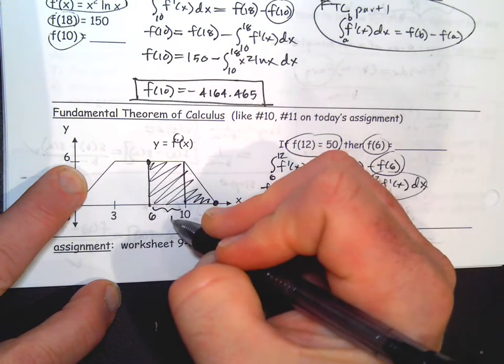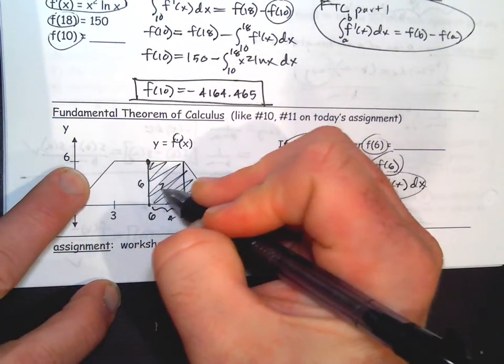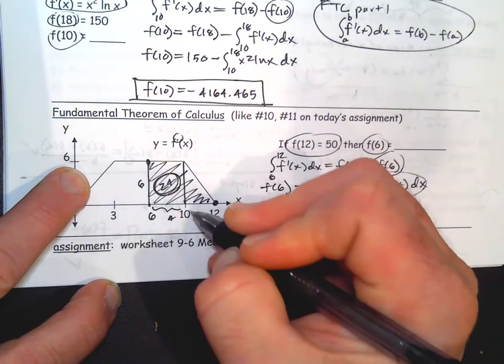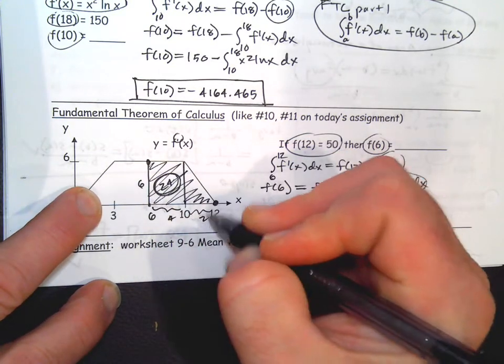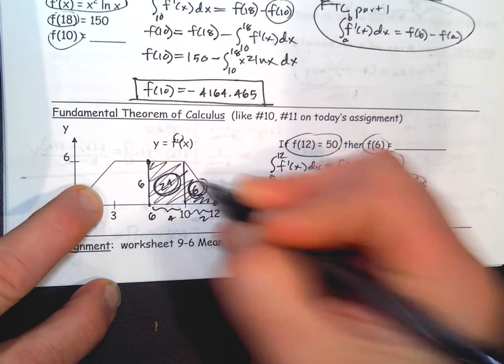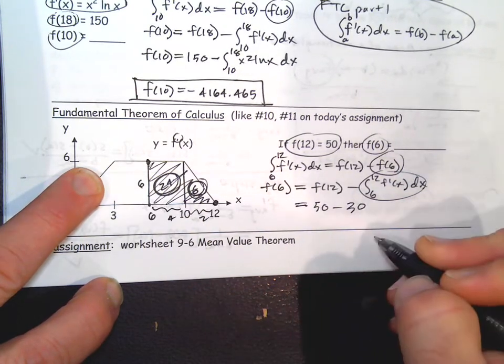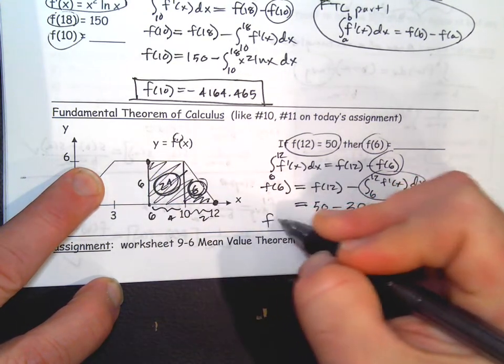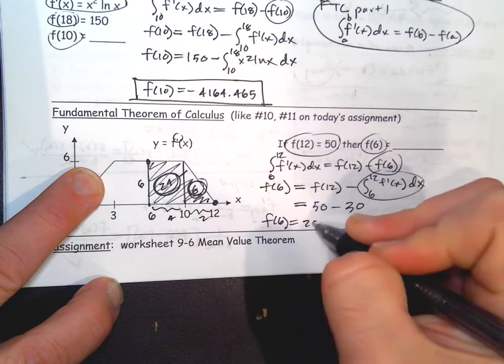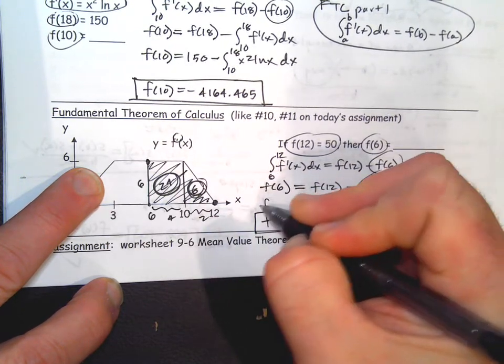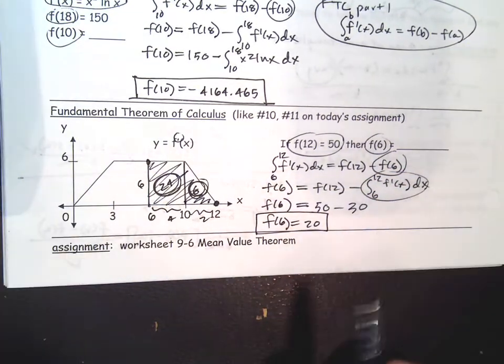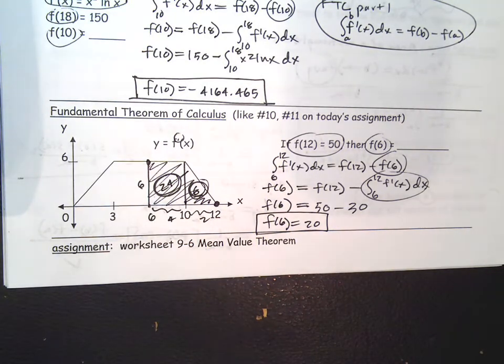The base is 4, the height is 6, this is 24. Base is 2, the height is 6, one-half base times height is 6. It's going to be 30. And so f of 6 equals 20. Same idea, a little different way of finding the integral of the derivative, geometrically instead.